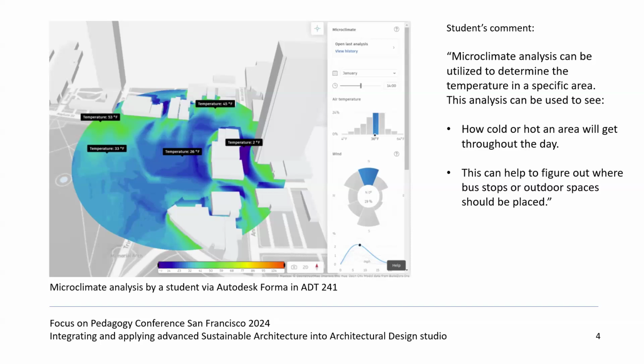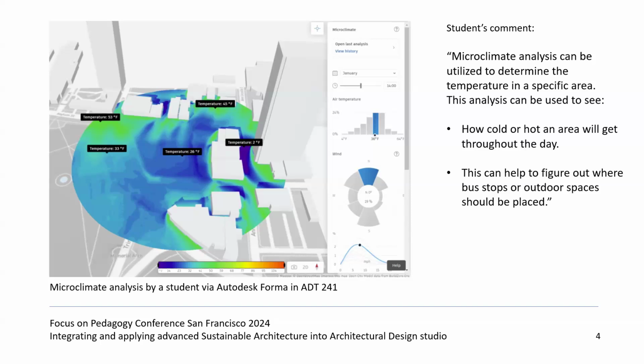For the first couple of weeks, students use Autodesk Forma to learn how to analyze the site, then bring their knowledge to the design studio and use the software to analyze their site in a more appropriate and accurate format, which gives them numbers or a better idea of what's going on in the site to come up with better designs.